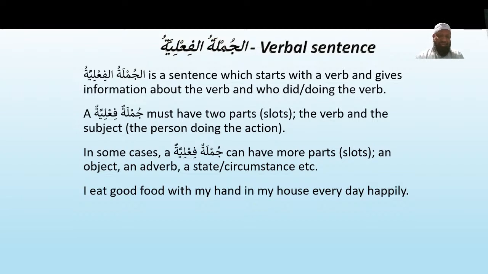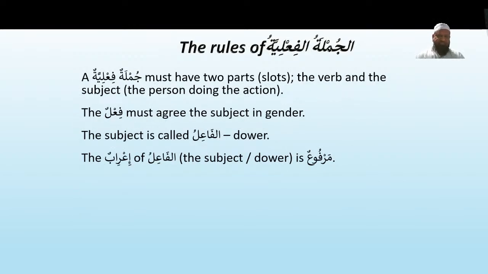In some cases, it can have more parts, like an object, an adverb, and circumstance. We'll be learning or adding these things slowly. At the moment, we are just focusing on the فعل itself and the second part, which is the subject.